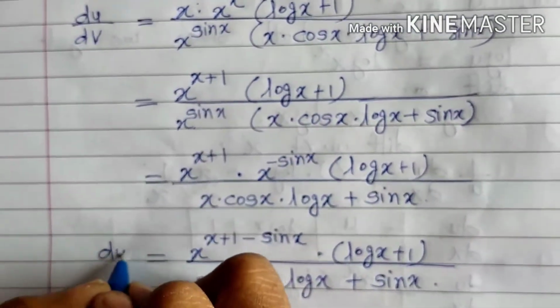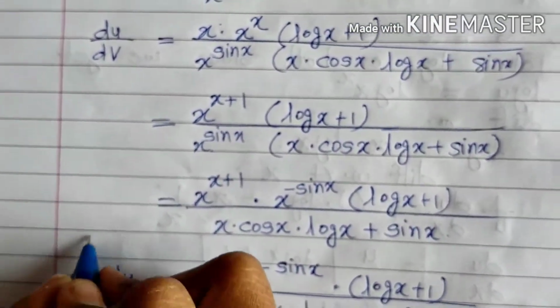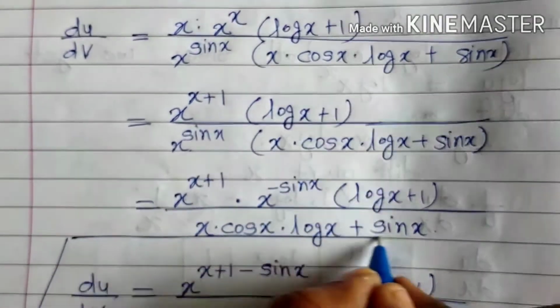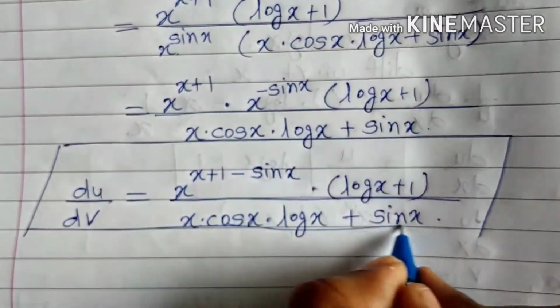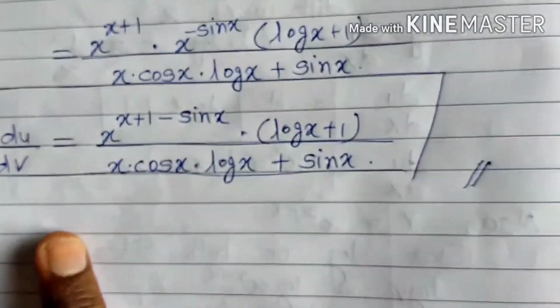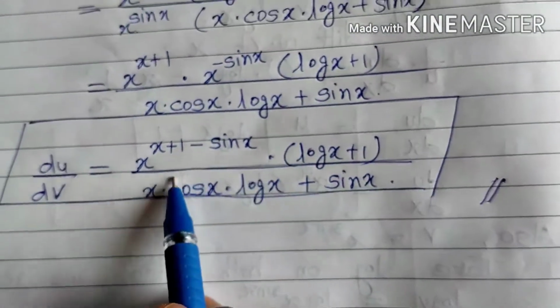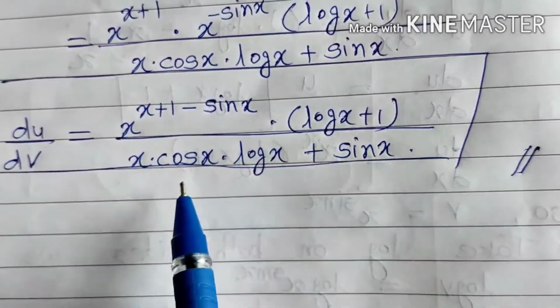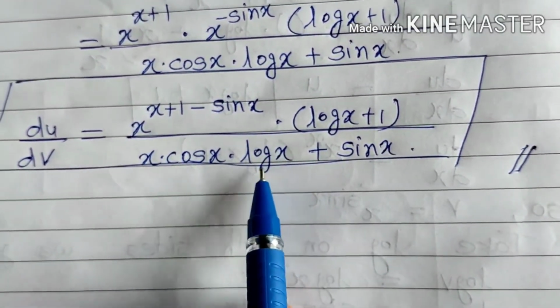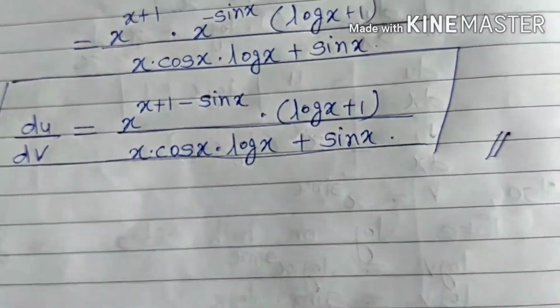So du upon dv. So this is your answer. Du upon dv is x raised to x plus 1 minus sin x into log x plus 1 upon x cos x into log x plus sin x.